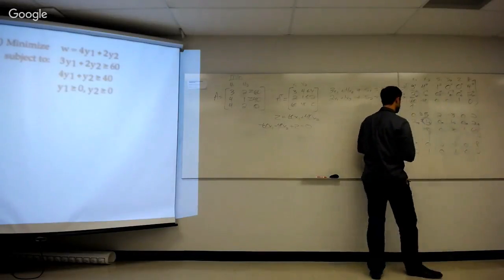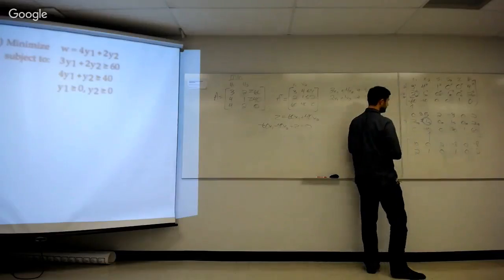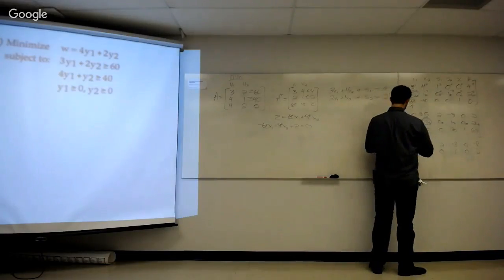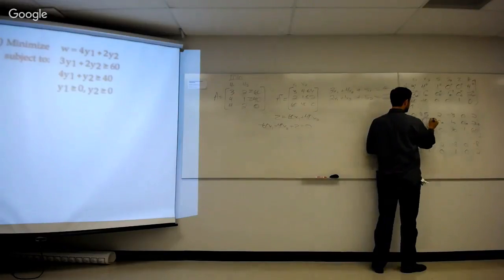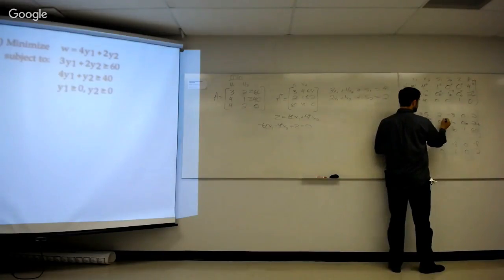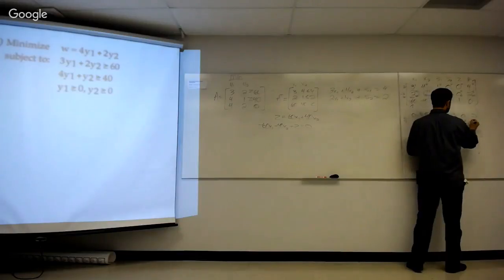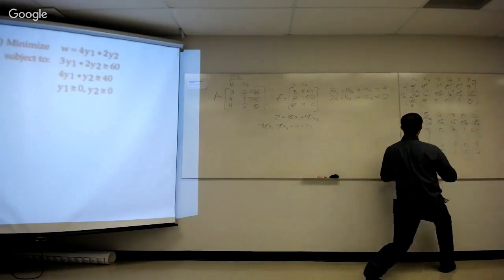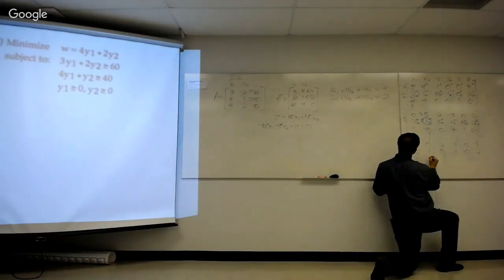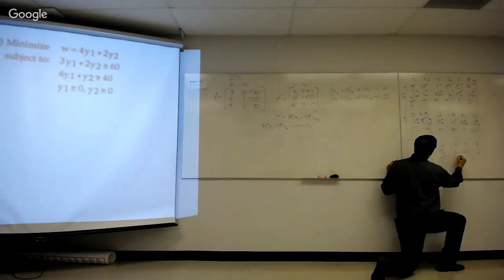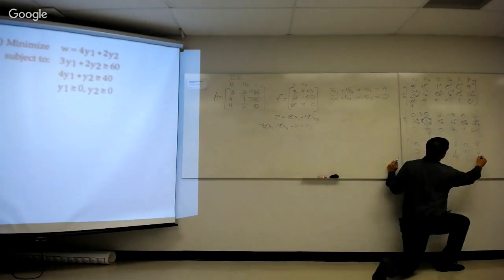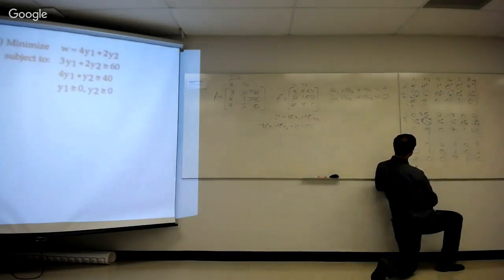And my bottom row becomes, well, now I just multiply by 10. That would give us 20, 0, 0, 40, 1, and 80. Did anyone else get that?